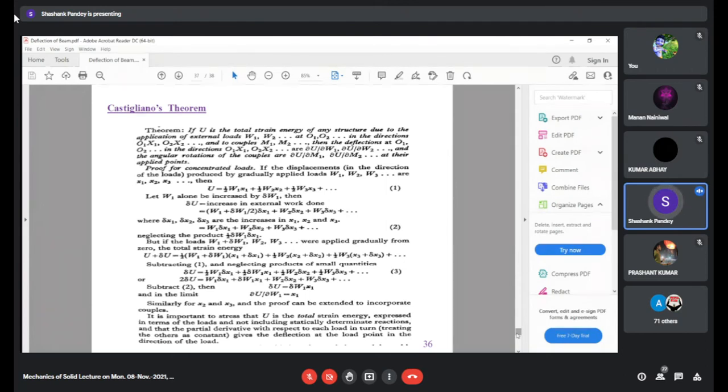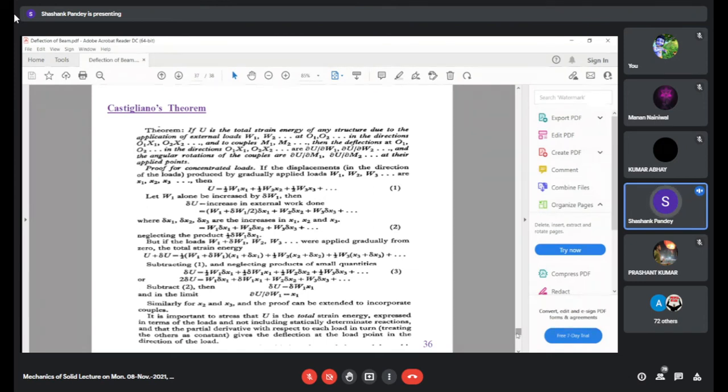This will be nothing but equal to half W1 X1 plus half W2 X2 plus half W3 X3. Suppose we increase load W1 by del W1, then the increase in external work will be nothing but W1 into del X1, W2 into del X2, W3 into del X3.